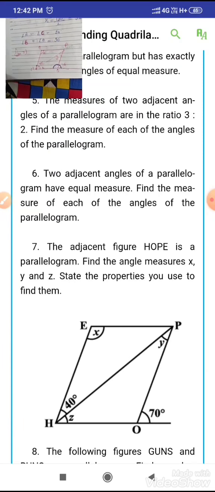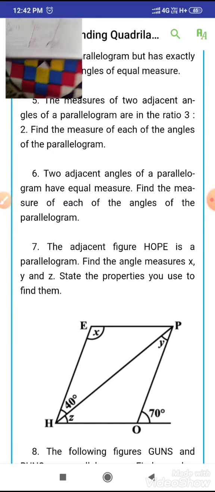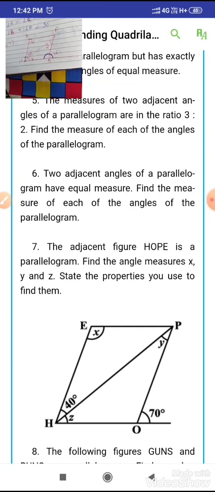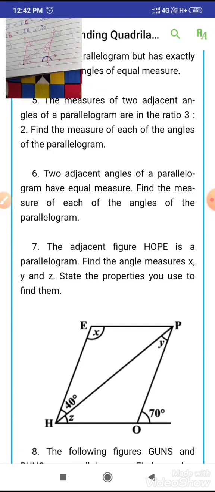Now move to our question number 7, and question number 7 is: in the adjacent figure, HOPE is a parallelogram. Find the angle measures x, y and z. State the property you use to find them. First, we know that HOPE is a parallelogram and opposite sides of a parallelogram are parallel.